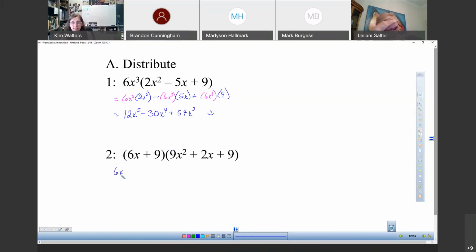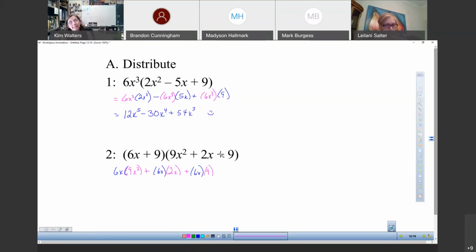So 6x times 9x squared plus, because there's a plus sign here, 6x times 2x plus, because there's a plus sign there, 6x times 9. But I'm not done yet.